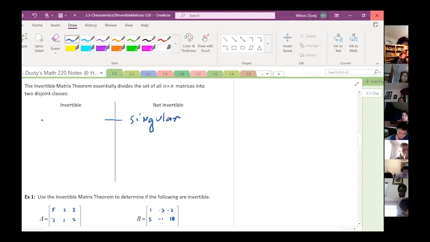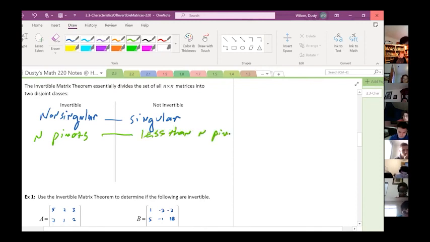It's non-singular. Good. You could have n pivot positions, or you could have less than n pivots. You could have that the columns are linearly dependent, or the columns could be linearly independent.